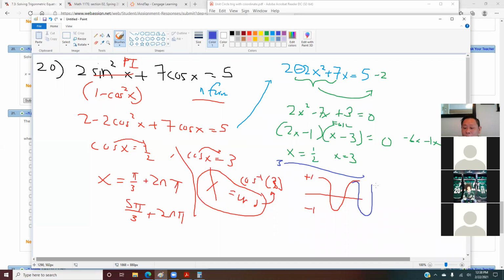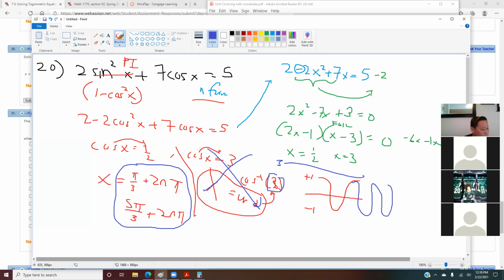Your cosine will not cross over at 3, so that's why it's undefined. If the number is not between -1 and 1, you will get an undefined answer. That means this is redundant, so your answer in this case will be just these 2.